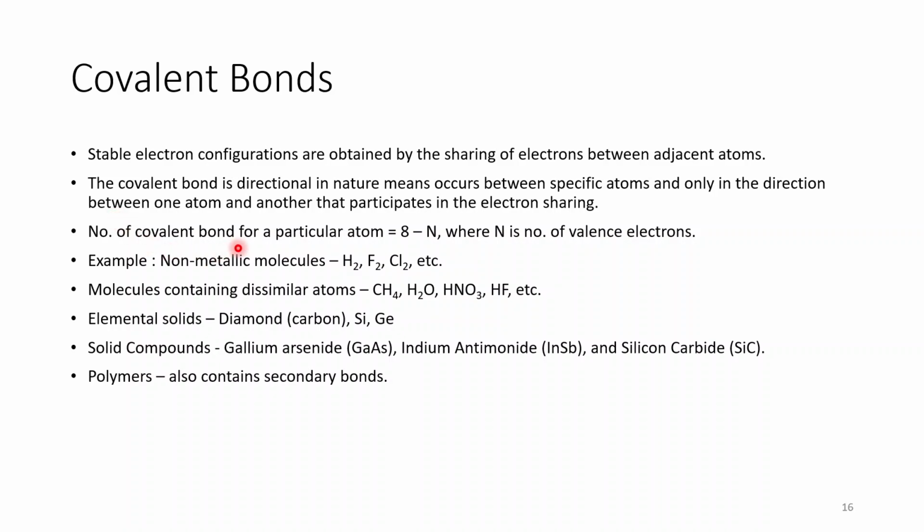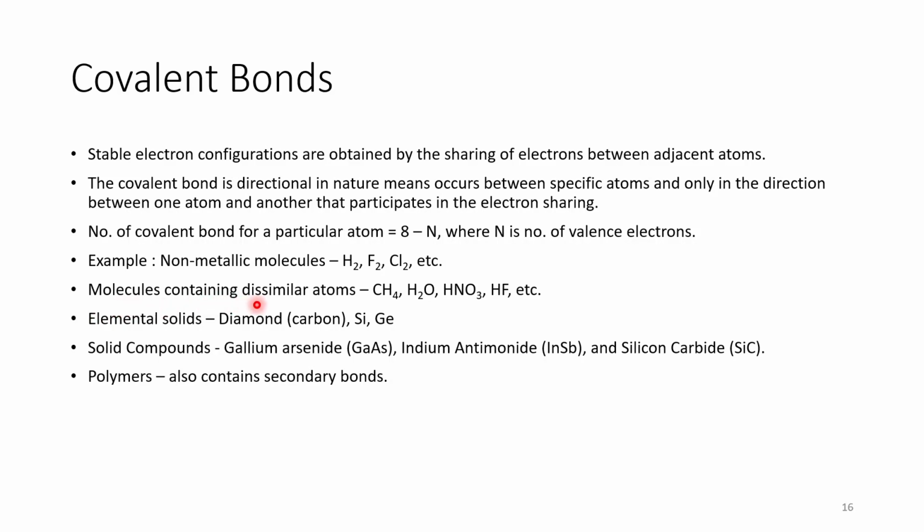The number of covalent bonds for a particular atom equals 8 minus n, where n is the number of valence electrons. Examples are non-metallic molecules such as hydrogen gas, fluorine, chlorine, etc.